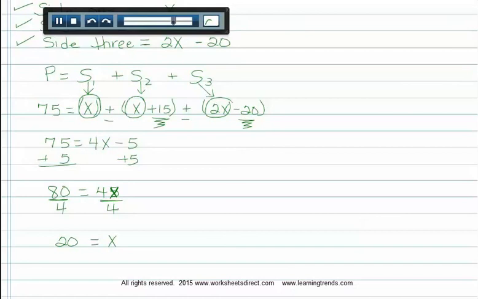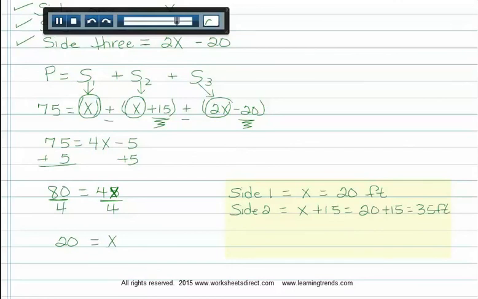So side 1, which is x, we'll just write that over here, side 1, which is x, and that's going to be 20 feet. Side 2 was x plus 15, so that would be 20 plus 15, which would be 35 feet.